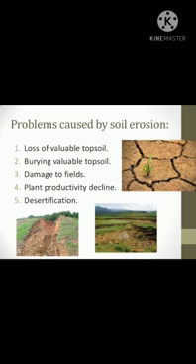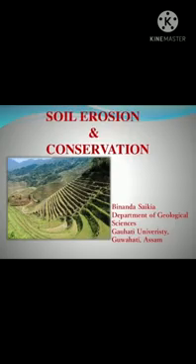Okay, do you know, students, to make 1 centimeter of soil, how many years do we need? Hundreds of years to make just 1 centimeter of soil. What shocking news! It takes more than 100 years for nature to make just 1 centimeter of soil.